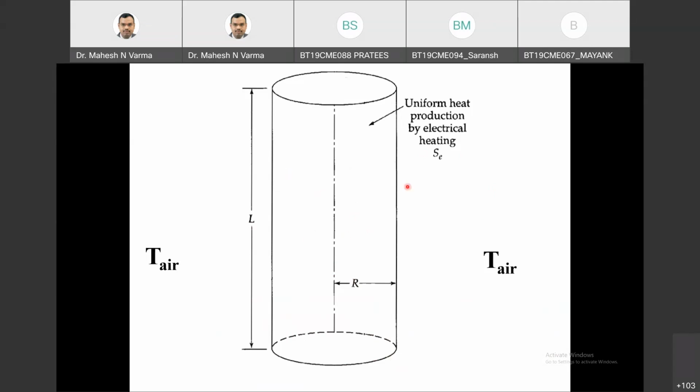I have a wire producing Se energy, but instead of the surface temperature, the air temperature is given. So how do we handle this now?